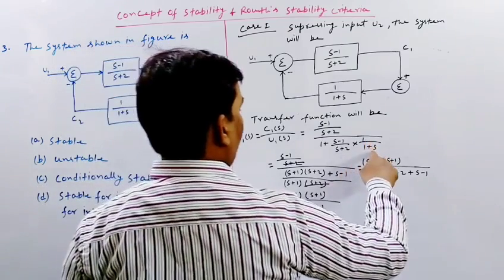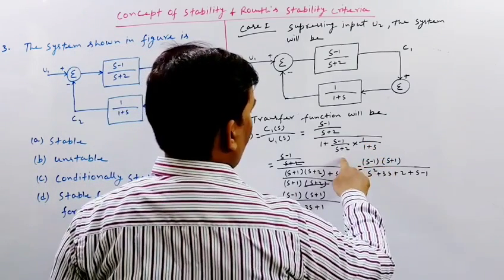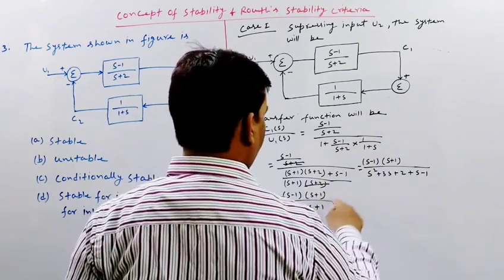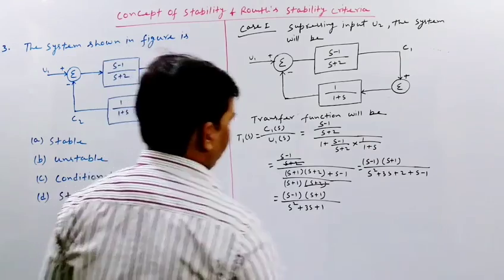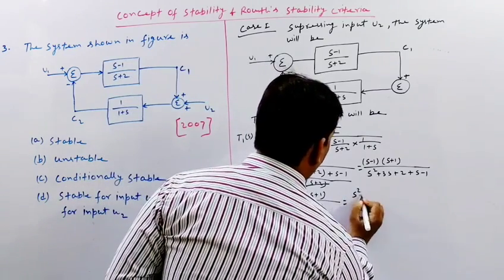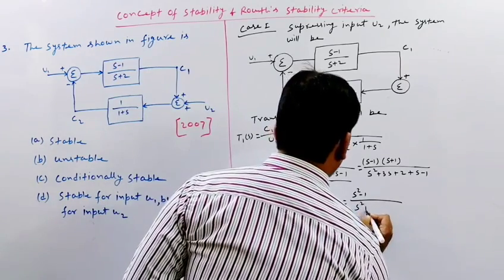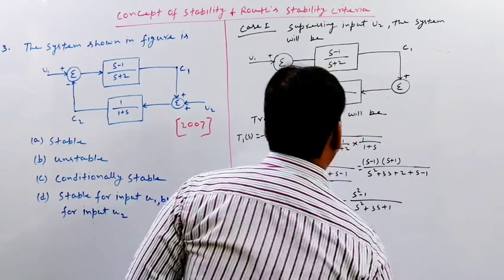Here it is S plus 1, so S plus 1 will go in numerator, so it will be S square minus 1 divided by S square plus 3S plus 1.